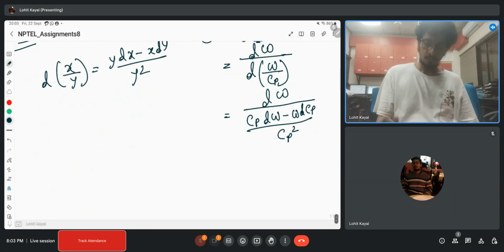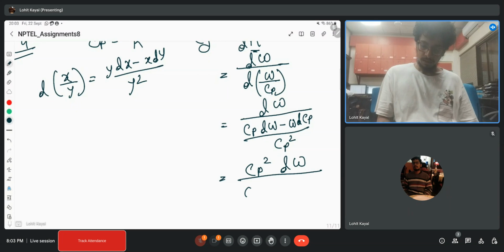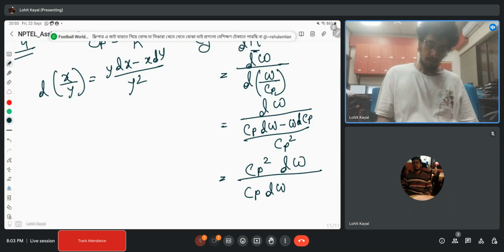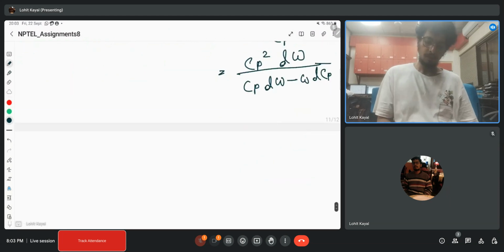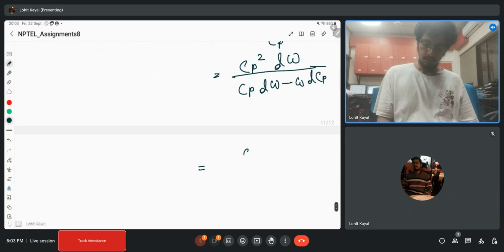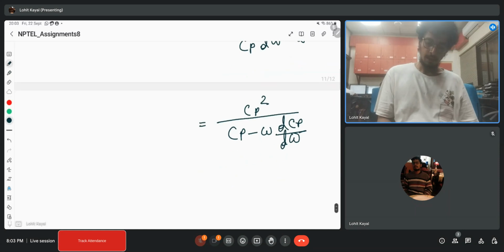Let me multiply by Cp square, so it will be Cp square d omega by (Cp d omega minus omega dCp). Now if I divide by d omega, I will have Cp square by (Cp minus omega dCp by d omega).